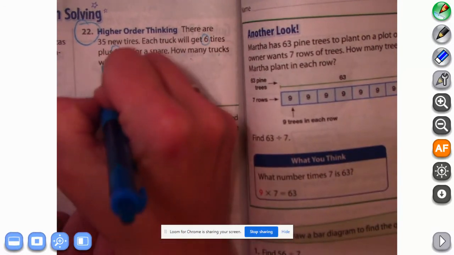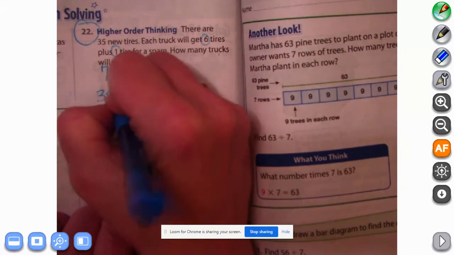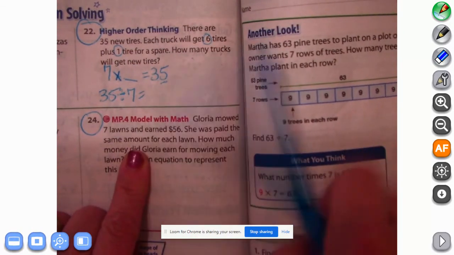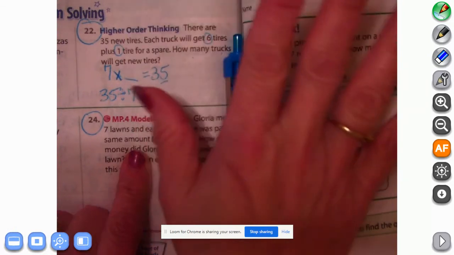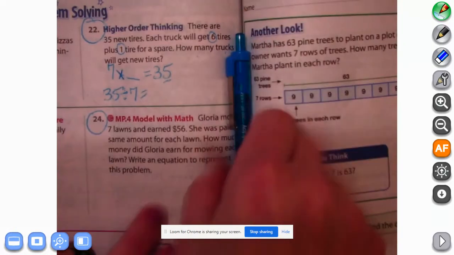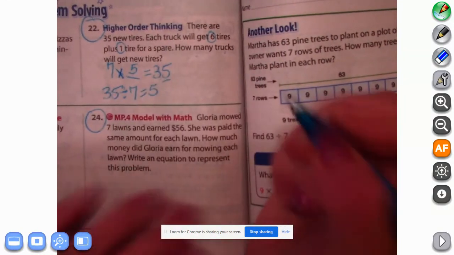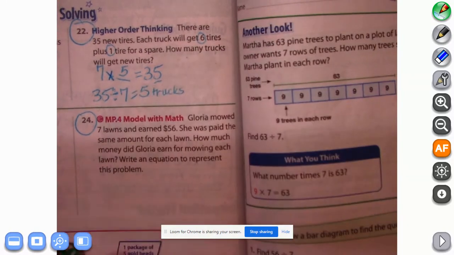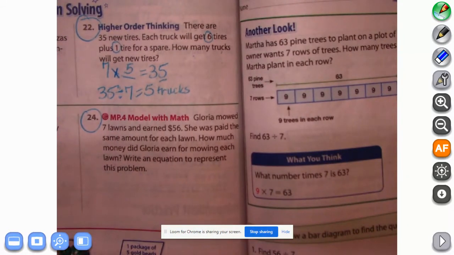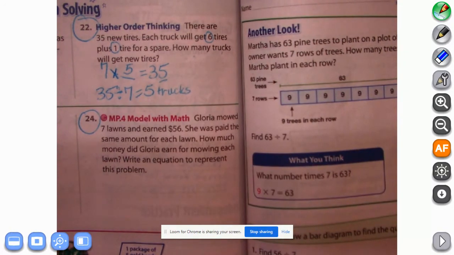So 35 divided by 7. Since this ends in a 5, I'm going to try to skip count by 5. 5, 10, 15, 20, 25, 30, 35. So it does work. Skip counting by 5. All right. So 5 trucks can get new tires. Go ahead and get that written down. Pause if you need to.